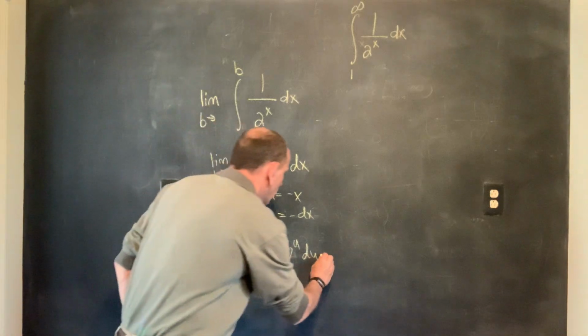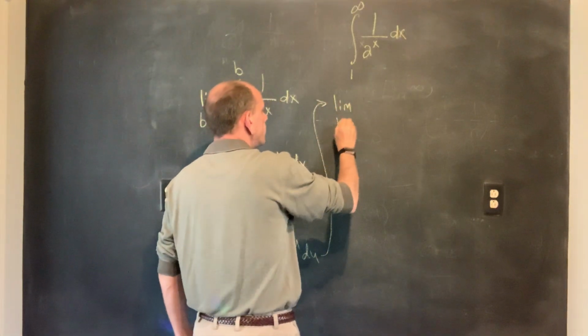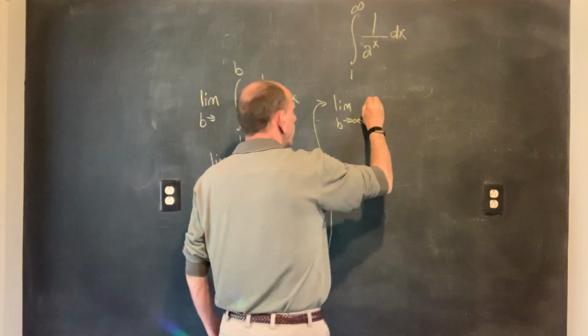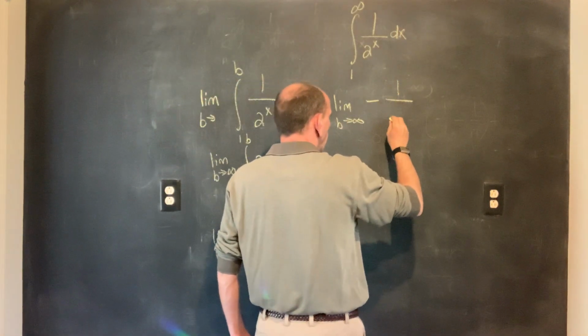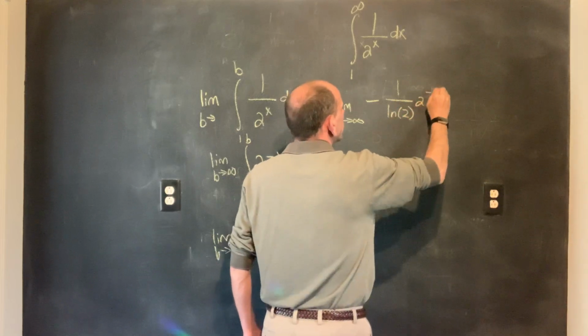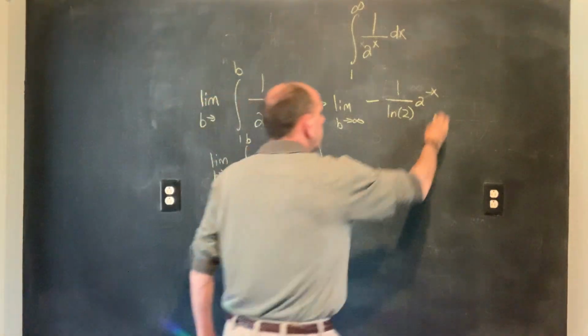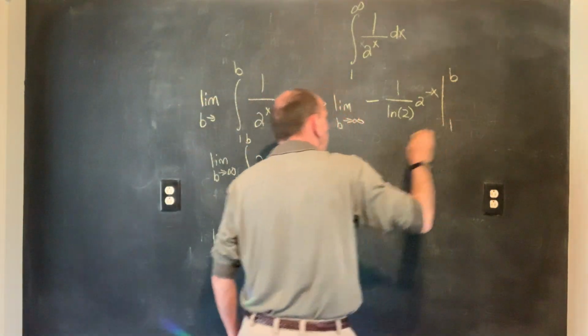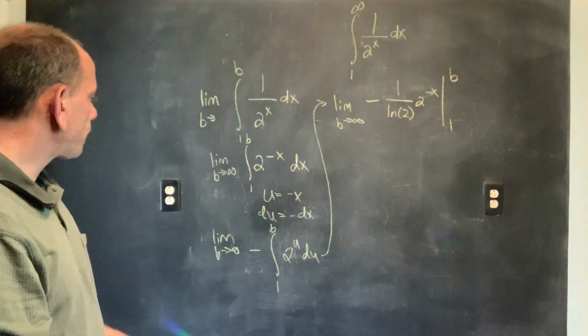Okay. That brings me to the limit as b goes to infinity of negative 1 over ln of 2 to the negative x, so 2 to the u, evaluated from 1 to b. So I just back substituted for my u there in my integral.